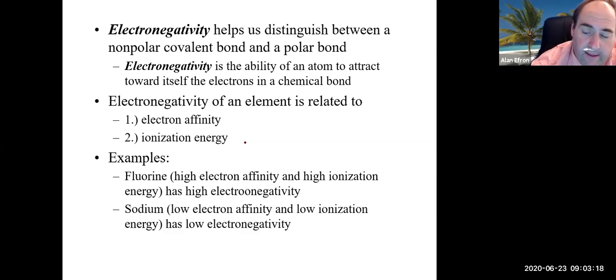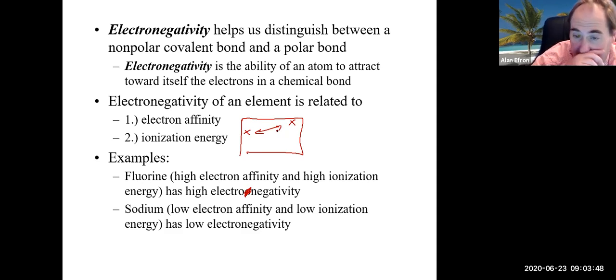So fluorine has high electron affinity, high ionization energy, and high electronegativity. And sodium here has low electron affinity, low ionization energy, and a low electronegativity. If you think about their location on the periodic table, one's here and one's over here, they are on opposite sides of the periodic table, and would obviously have opposite periodic trends.